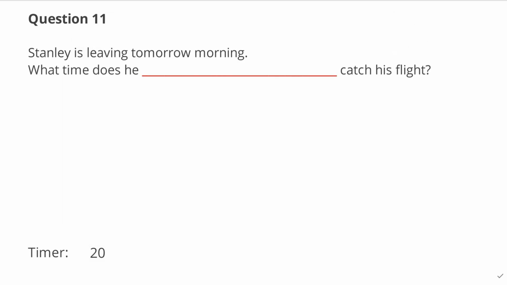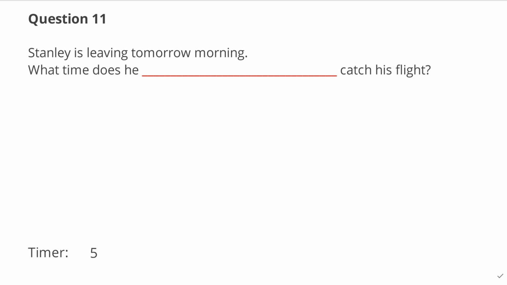Stanley is leaving tomorrow morning. And the sentence after that says, what time does he catch his flight. Now, if Stanley is leaving tomorrow morning and he needs to catch his flight, he needs to be at the airport on time, or else he will miss his flight.